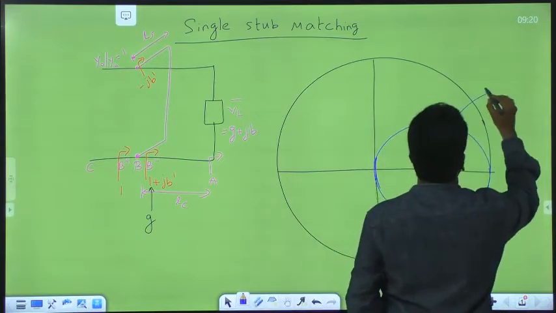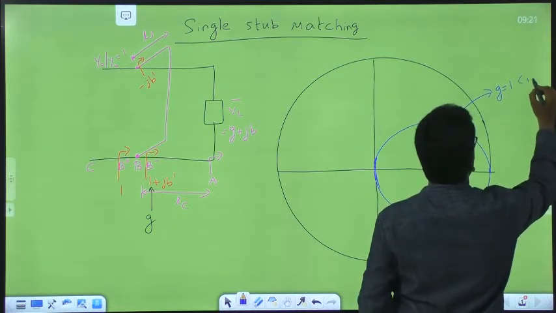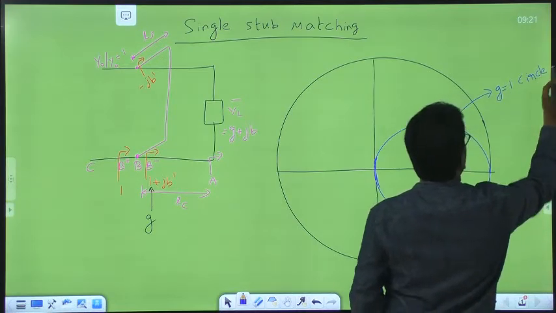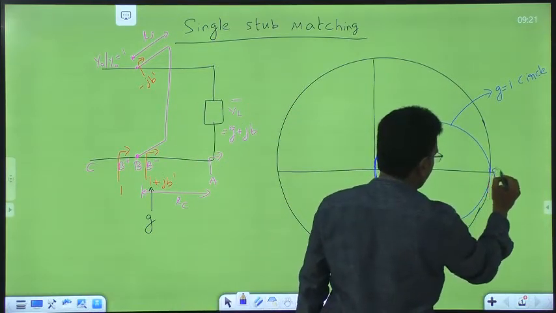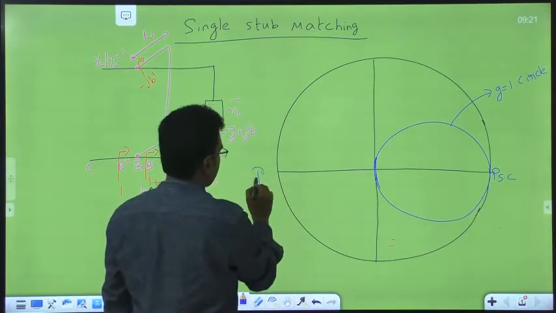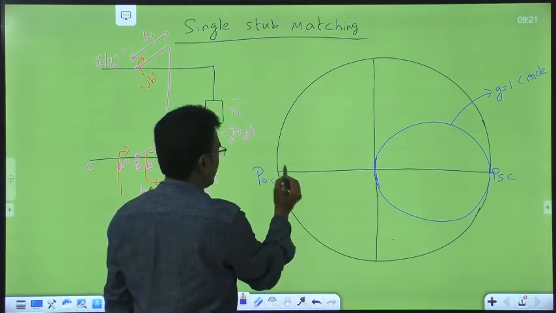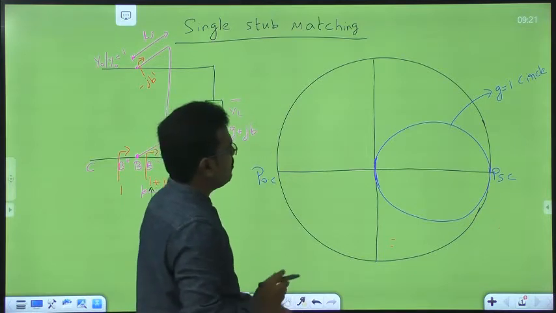So this is the G is equal to 1 circle. What is this point? This point is the P SC point, and this point is the P OC point in case of the admittance chart.